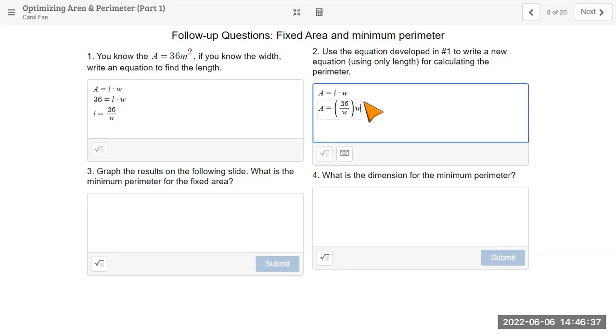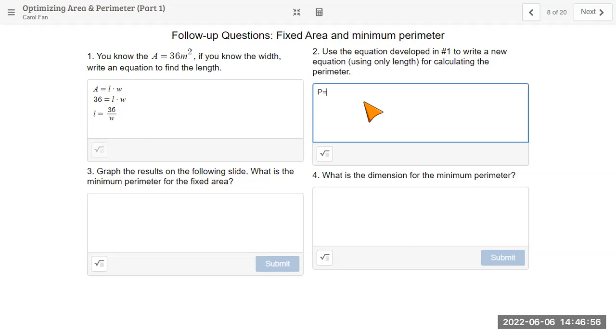Oops, I made a mistake. I'm not talking about the area, I'm talking about the perimeter. Number 2, using the equation developed in number 1, write a new equation using only length for calculating the perimeter.